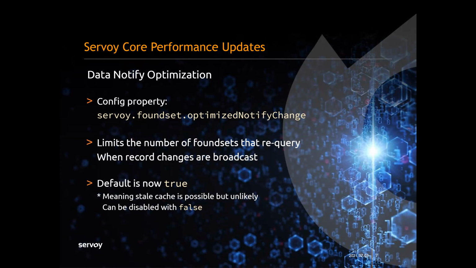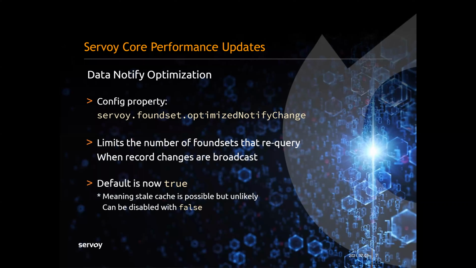Another performance update has to do with data broadcast and notification of data changes and new records. Typically what happens is a new record is made either in your client or in another client, and you receive a data broadcast from someone else. Then found sets, these data sets that manage the cache, are requerying to make sure that record shows up.